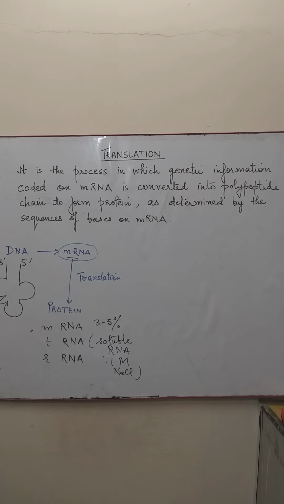So suppose this is the mRNA, then this site, that is the anticodon loop, faces the 3 codons on the mRNA, and there will be 3 complementary bases, that is the anticodon loop, which will be complementary to the mRNA.